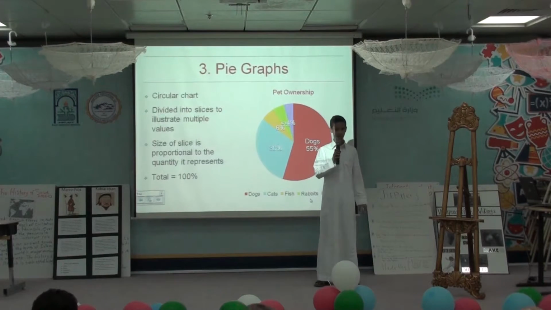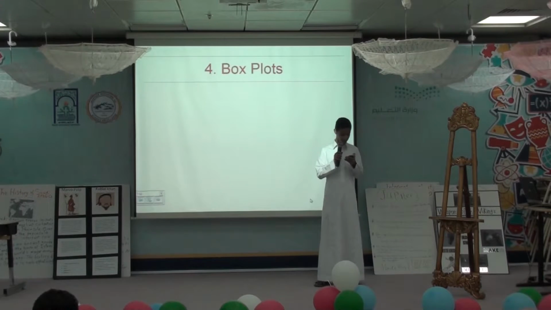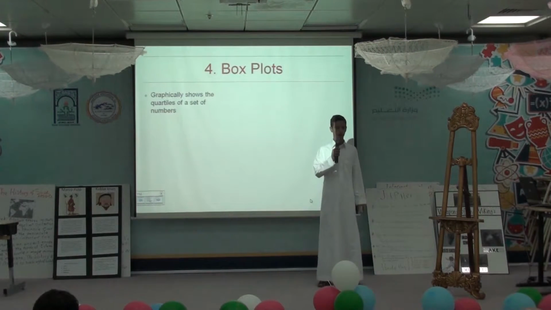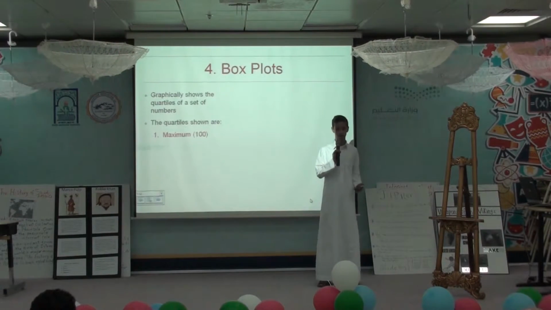A box plot is a way of displaying the distribution of data in which it is divided into 5 quantities, quartiles.